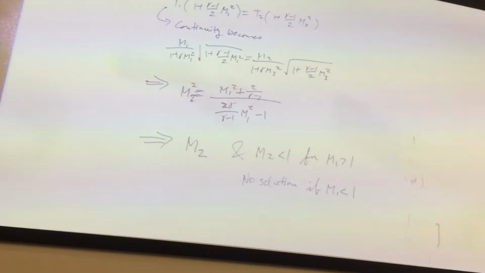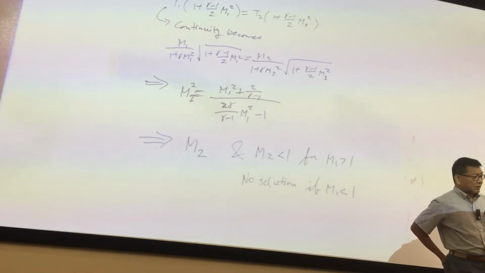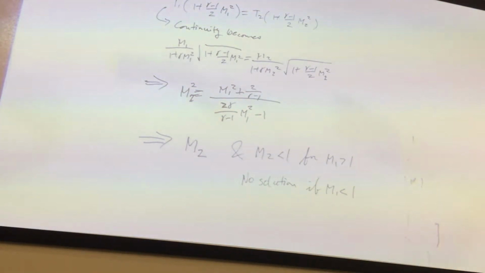This relationship shows that if you know M1, you will know M2. So what does that mean? If you simply look at this equation, you give it an M1, then you will find M2.